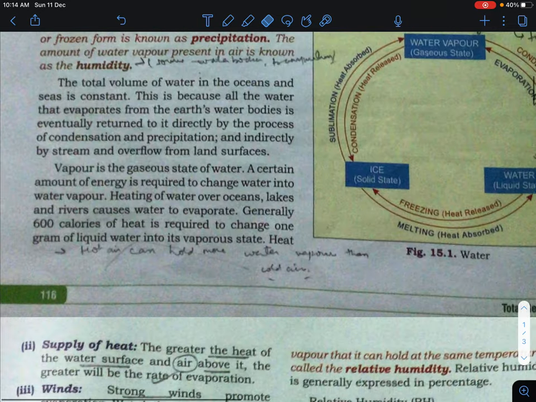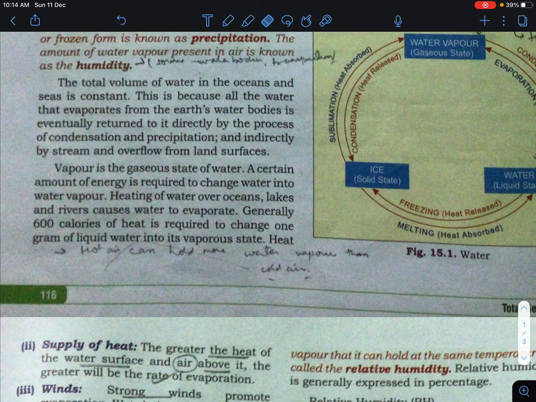Now, vapor is the gaseous state of water. We know there are three states of matter: liquid, solid and gas. In a similar way, vapor is the gaseous state of water. A certain amount of energy is required in order to change water into water vapor.